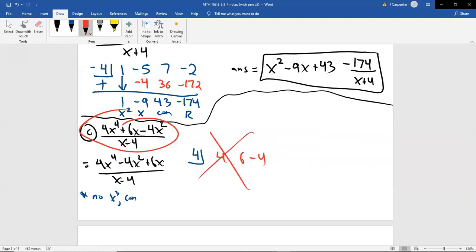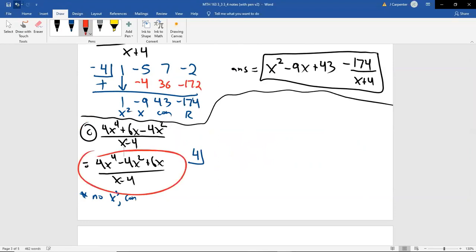This would make you tons of mistakes. All right, still red for wrong. If you do it based off of this one, you would go 4, negative 4, and 6, but this is still wrong because there are no x cubed or constant terms, and we haven't accounted for that by having missing digits. So let's finally get it right.